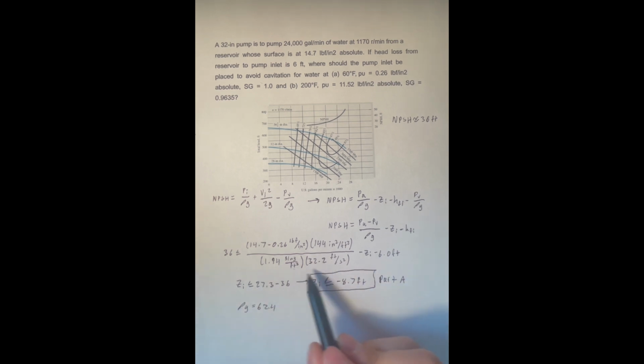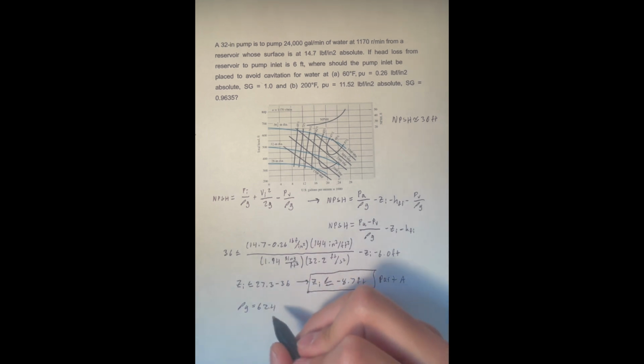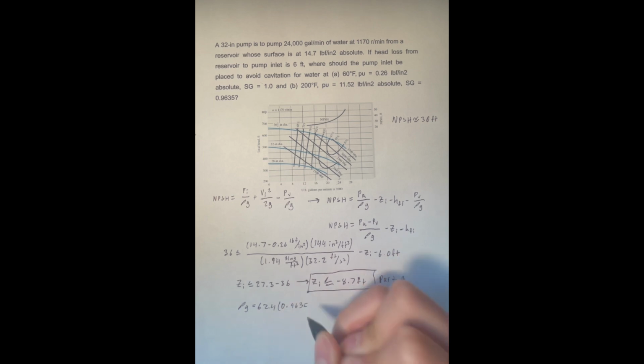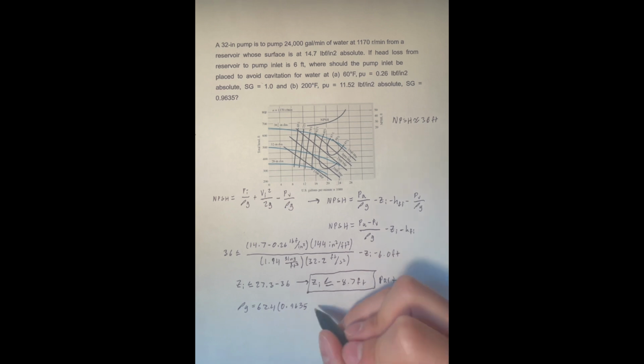If you multiply this 32.2 feet per second squared by this 1.94, right? And we take that and then we multiply it by 0.9635, which is our specific gravity. And this should give us 60.1 pound-force per foot cubed.